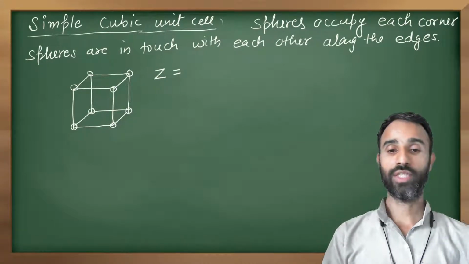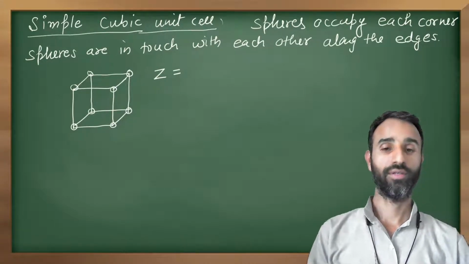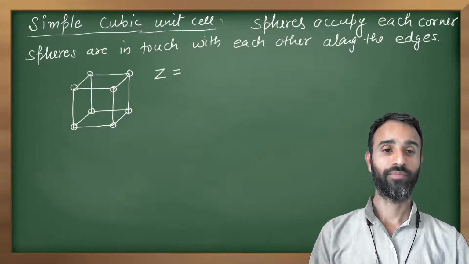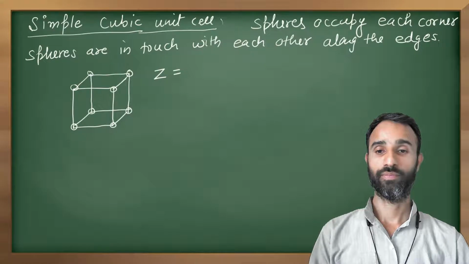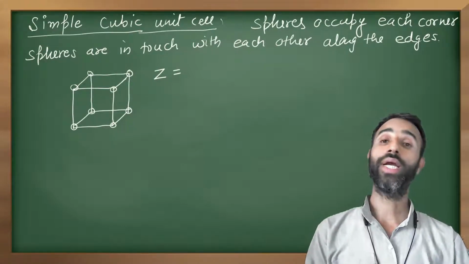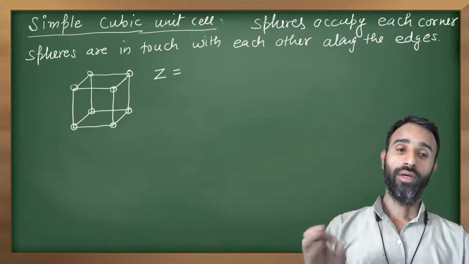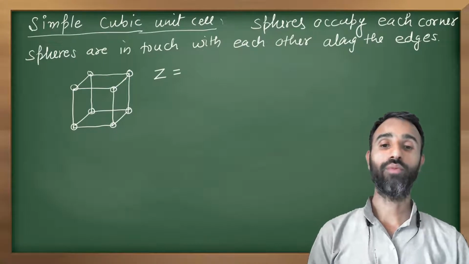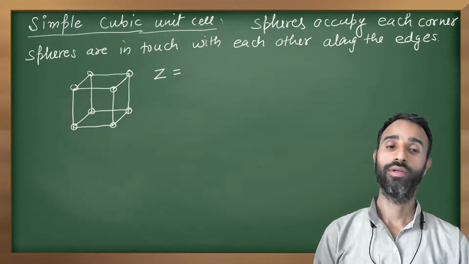Each sphere is in touch with how many unit cells? So keep in mind, each sphere on the corner is in contact with 8 spheres.